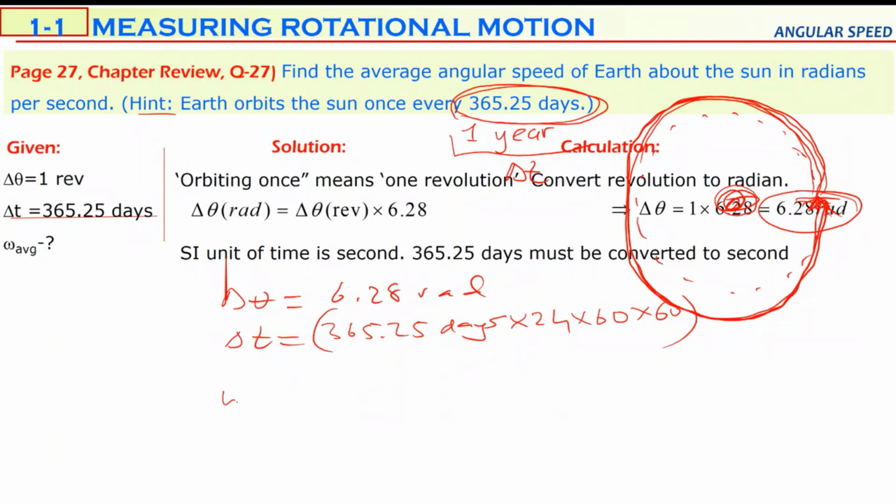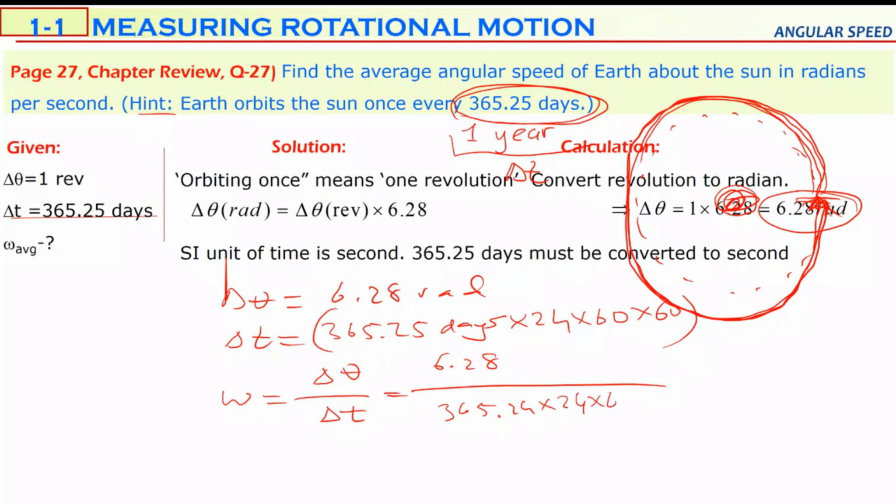Then you are going to calculate the average angular speed: delta theta divided by delta t. So 6.28 divided by 365.25 days, but every day is 24 hours, every hour is 60 minutes, every minute is 60 seconds.